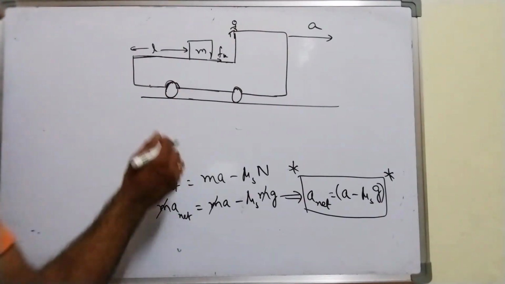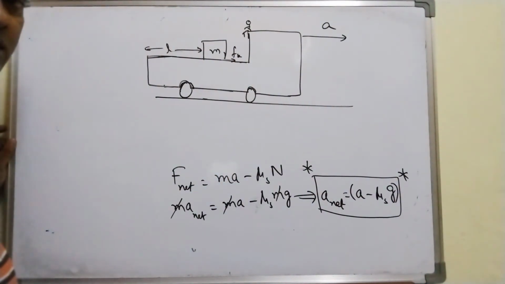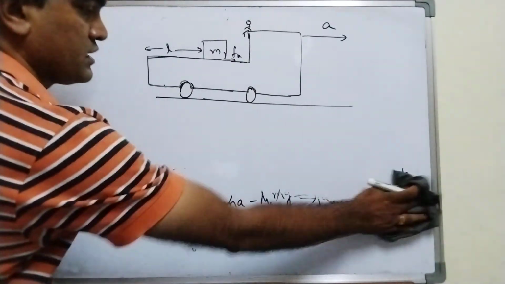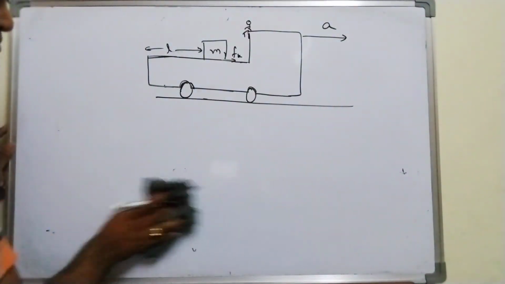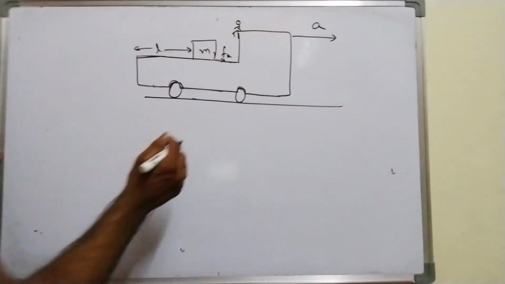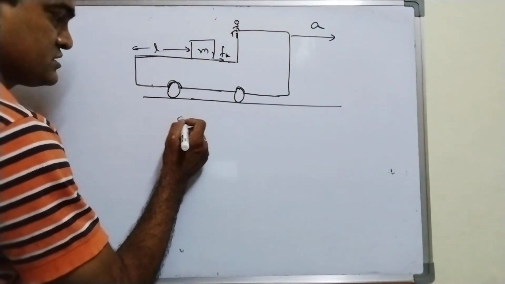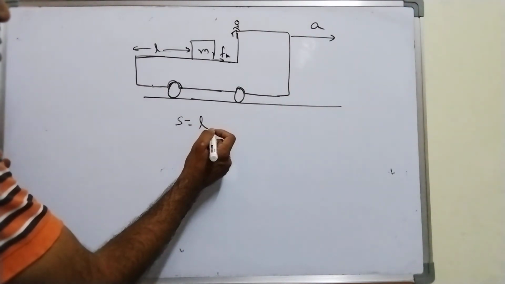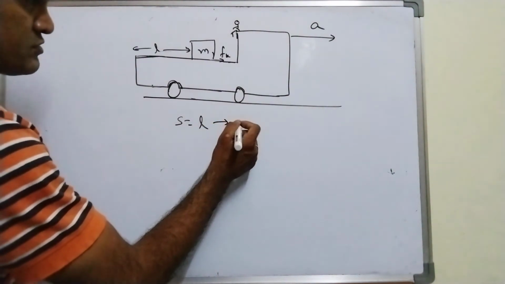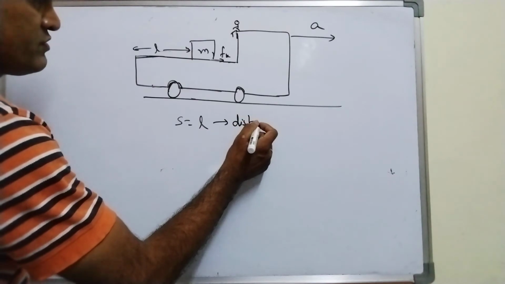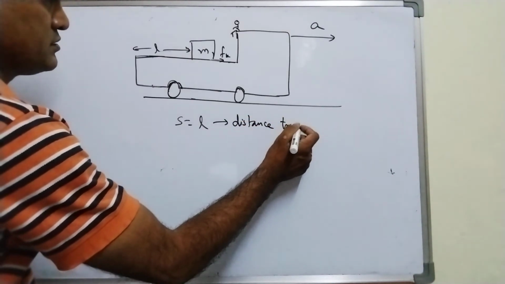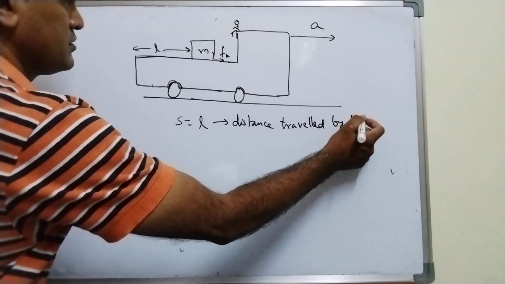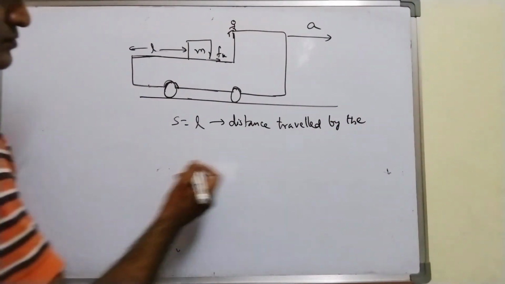So I have a distance here, and I have the acceleration also. Let me use this term: S, the distance, is equal to length L, the distance travelled by the block.